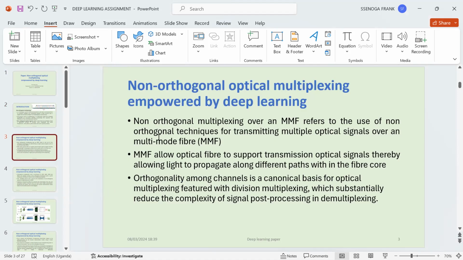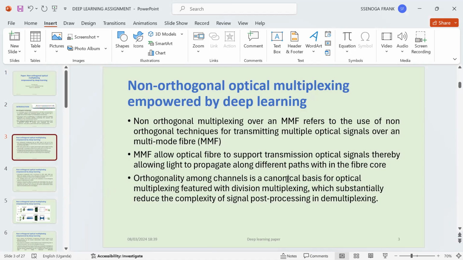Now, why is it that non-orthogonal multiplexing is used? It is used because of the pitfalls or the problems that existed in the orthogonal multiplexing.